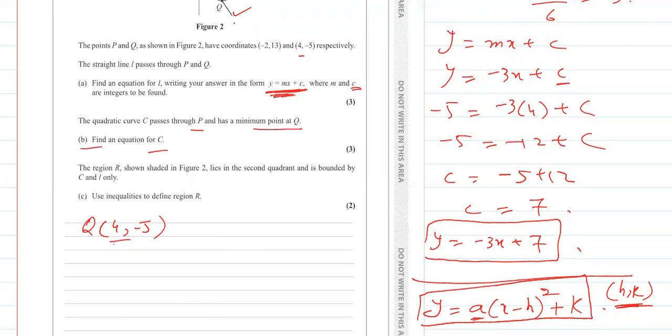So first of all, the minimum point is given. So it will be y is equal to a into (x minus h) squared plus k. This is h, this is k.